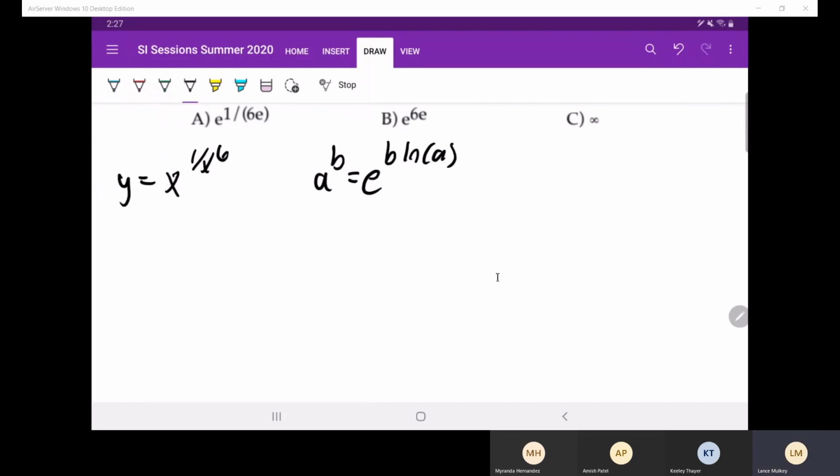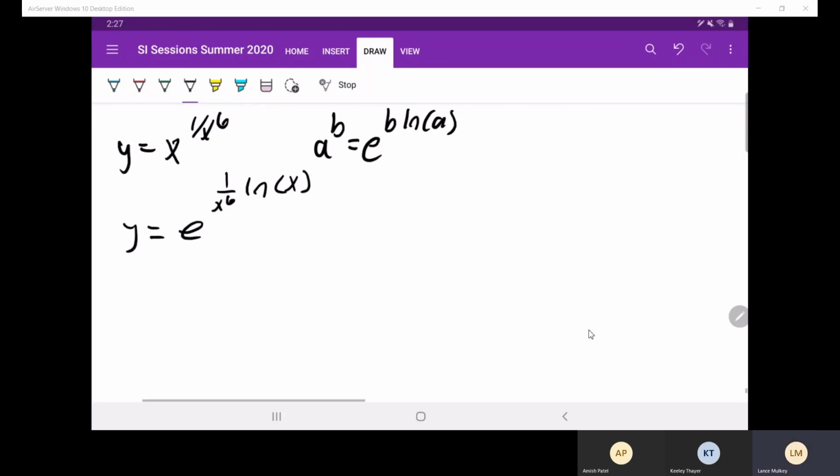So your b right now is 1 over x to the 6th, so y equals e to the 1 over x to the 6th times natural log of a, which is just x. So now we use chain rule.